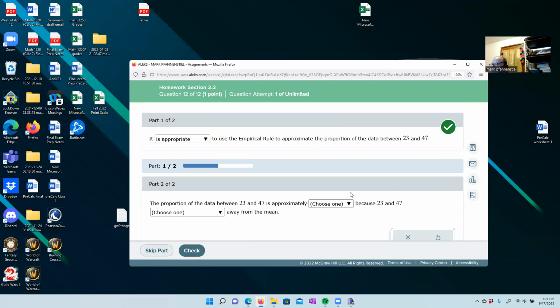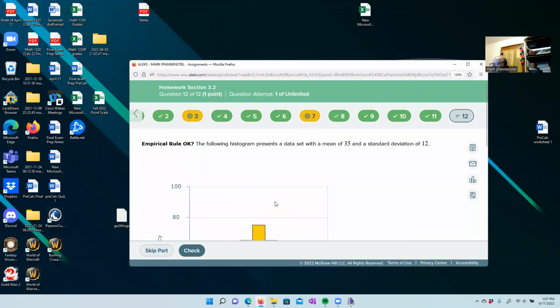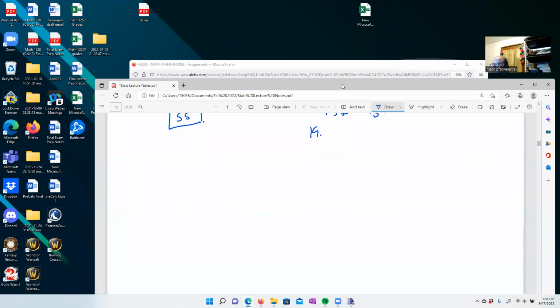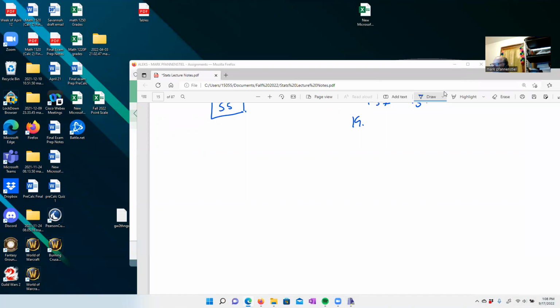Okay, the proportion of data between 23 and 47 is approximately, let's see, we have to check how many standard deviations down and how many standard deviations up they are. So let's write some numbers down. We have a mean of 35, standard deviation of 12. Double checking, sure is.